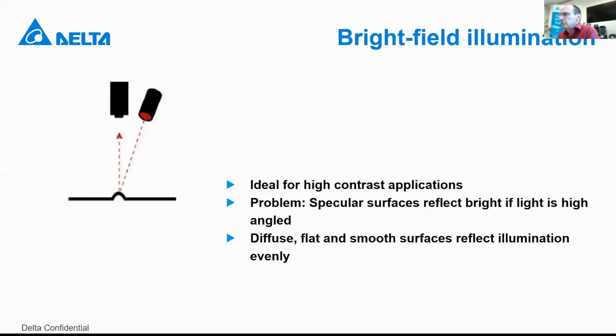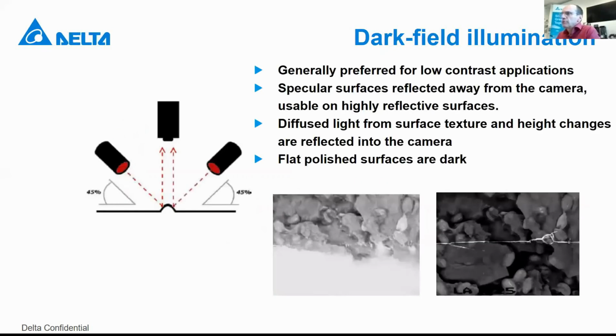It gives a good result, but it can also have problems when there is a rough structure on your surface, or it is highly angled or something like that. So for diffuse light, for flat and smooth surfaces, it works perfectly. The dark field is a smaller angle between your object and your camera.